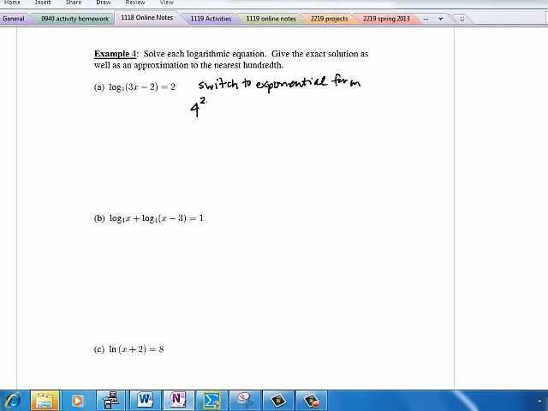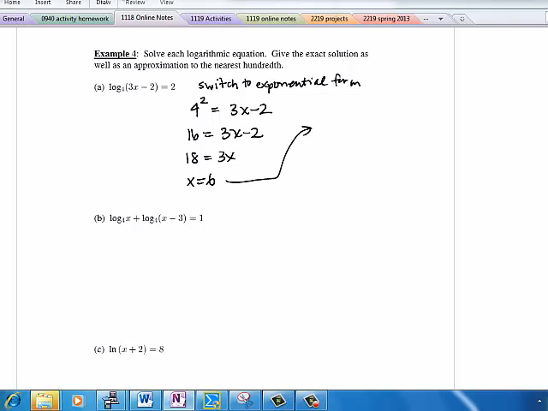The exponent would be 2 and we would get 3x minus 2. So go ahead and simplify 4 squared, that's 16. Add 2 to both sides. Divide by 3. And we get x equals 6.